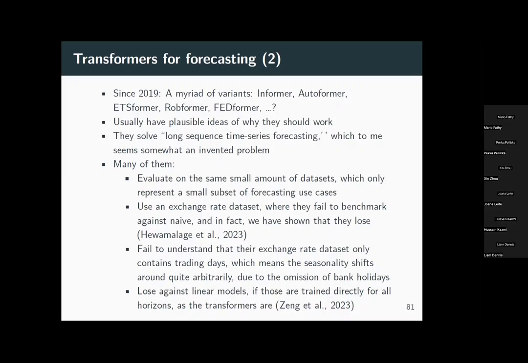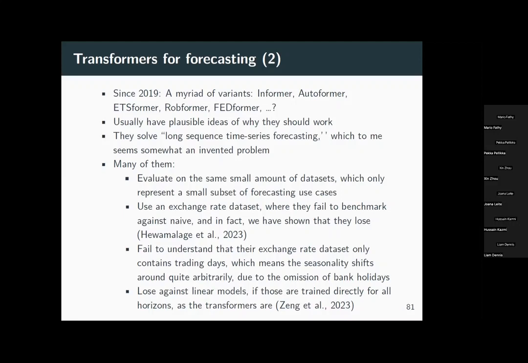Now, many of these papers evaluate on the same small number of data sets. As I said, that only represents a small subset of what you could encounter as forecasting problems. Strangely enough, many of them use an exchange rate data set where they fail to benchmark against the naive forecast.